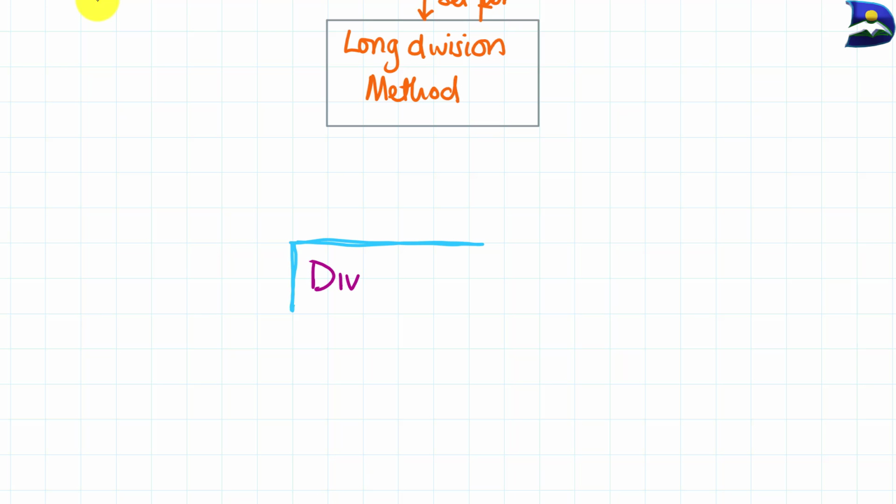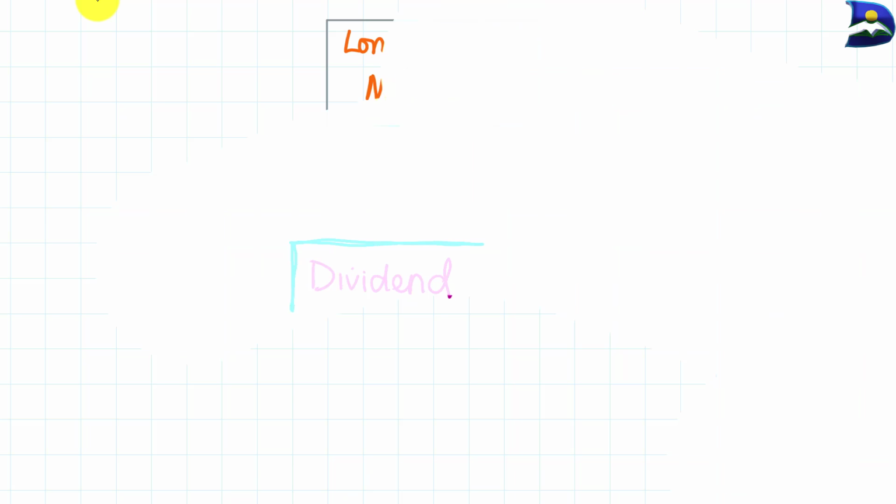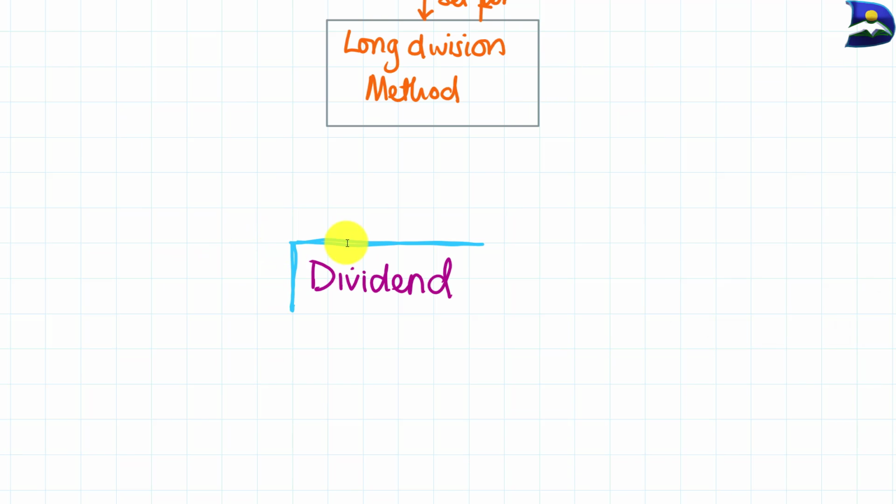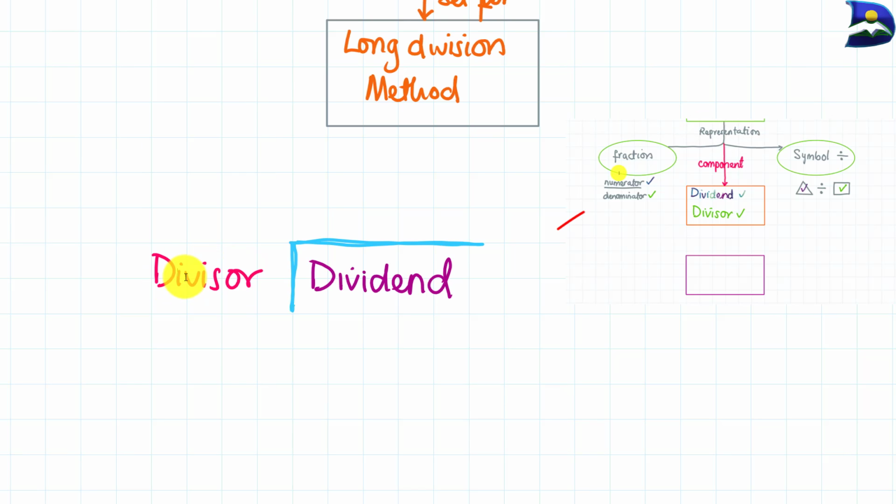In this part here we have the number which represents the dividend, either for fraction expressed as the numerator, or for the symbol expressed before the symbol, while the other side, which is the outside of your symbol, is occupied by the divisor, and the divisor is usually the denominator for a fraction or the number that is after the division sign.